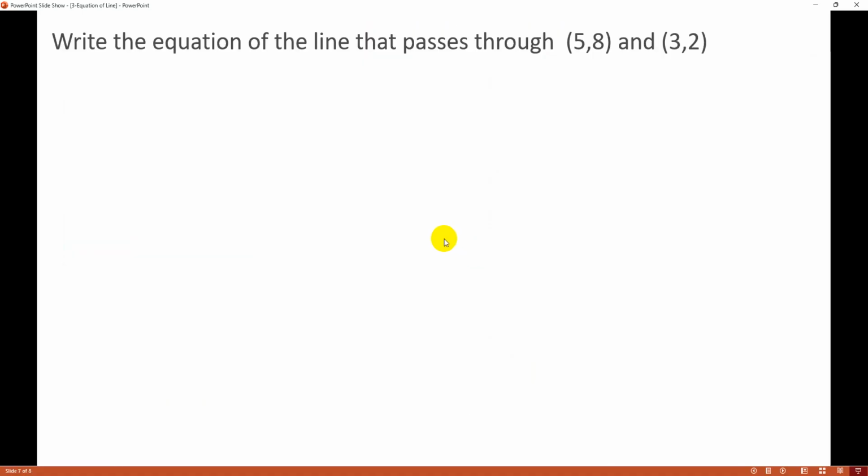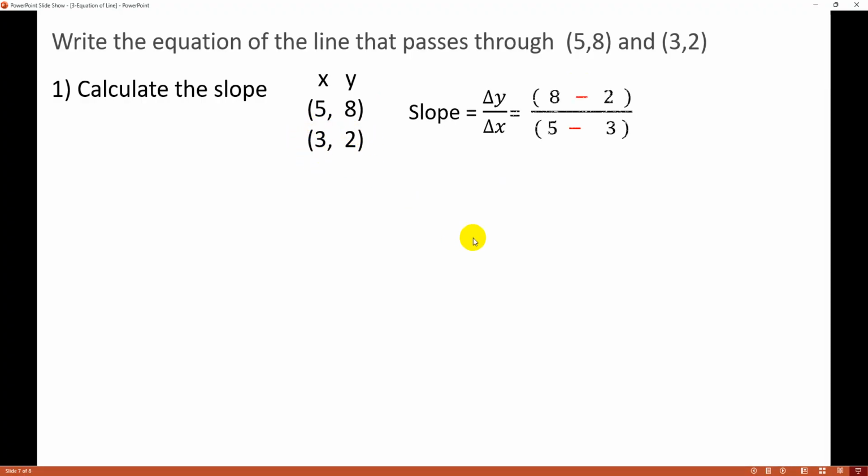Now, let's do this particular problem here. Write the equation of a line that passes through these 2 points, 5,8 and 3,2. Again, the first step would be to calculate the slope. We put one coordinate on top of the other, and we get the difference of the y's, which is 8 minus 2, right?